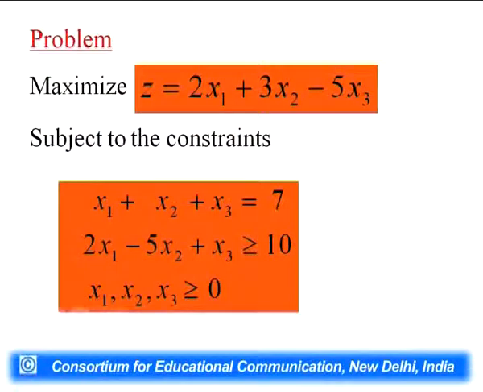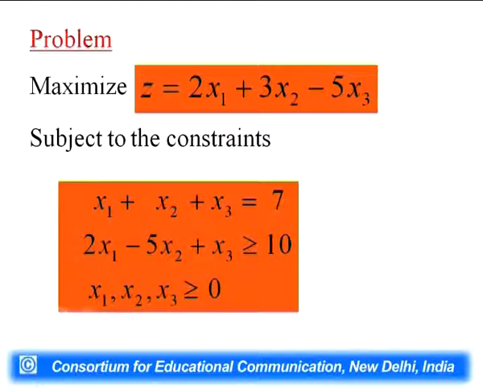Let us have an example. Viewers are advised to concentrate on the slide to understand the procedure of this big M method. A very simple problem in the initial stage we are taking. This is of course not a minimization problem; this problem is of maximization, and the objective function is to maximize z, which is equal to 2x1 plus 3x2 minus 5x3.